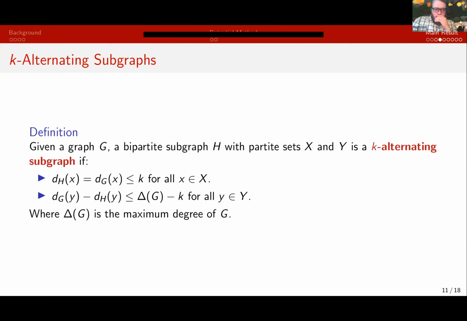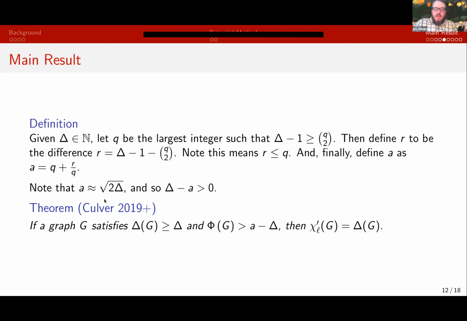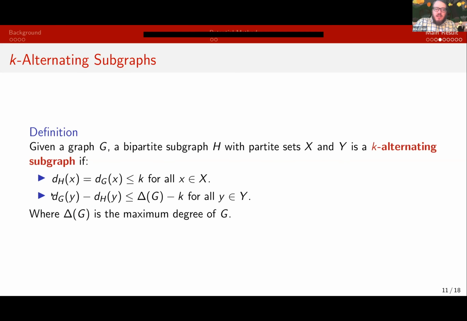So for edge list coloring, one of the reducible configurations is this thing called a K alternating subgraph. The definition is a lot to unpack, but the important thing here is this second condition.